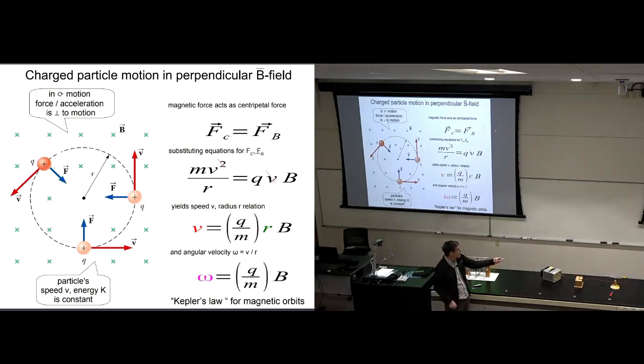Let's catch it a moment later when it's up here. It's been deflected up here. Let's think again. We want to really practice the right-hand rule. I'm going to drive it home. Let's think about the right-hand rule for the particle at this location. The particle's going up, so I point the palm of my right hand up. The magnetic field is into the screen still, this uniform field, so I curl my fingers in towards the screen. Now look at my right hand. My thumb is not pointing upwards anymore. Now it's pointing towards the left.